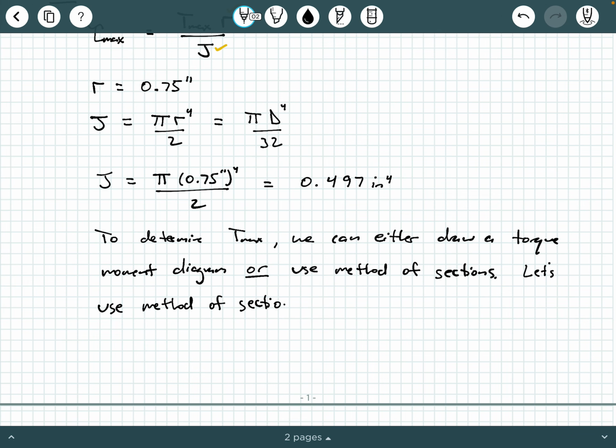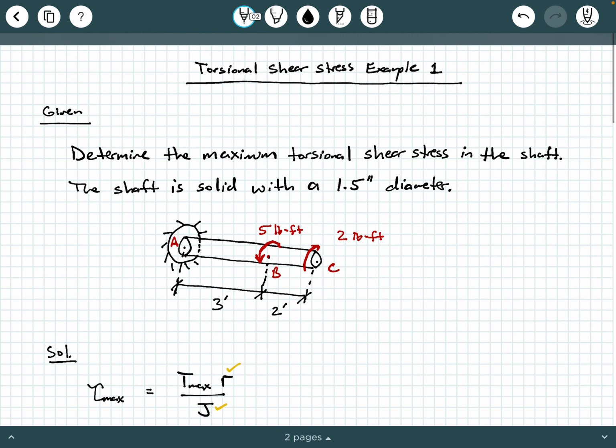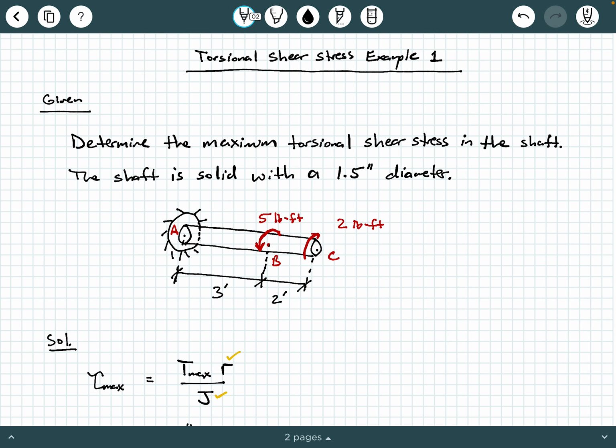So what is method of sections? Well, if you remember from statics, method of sections is a technique that we use where we place a kind of a non-realistic cut section through our member at desired points or within a desired domain to determine internal loads, okay? So for example, when we use method of sections, we're going to have to make 2 cut sections in this shaft.